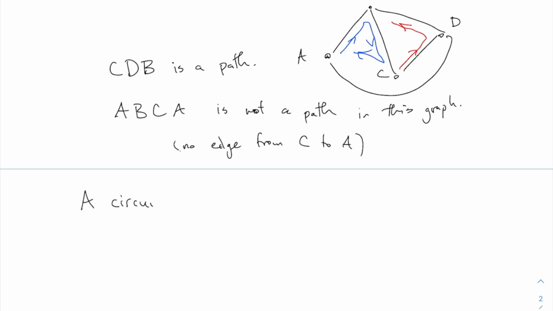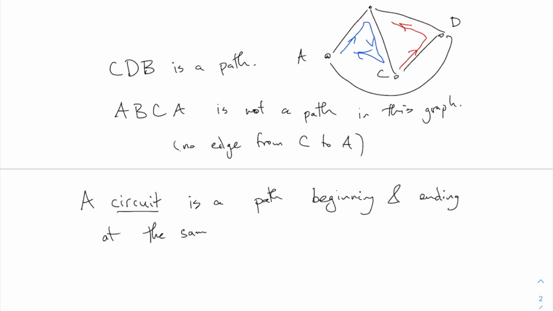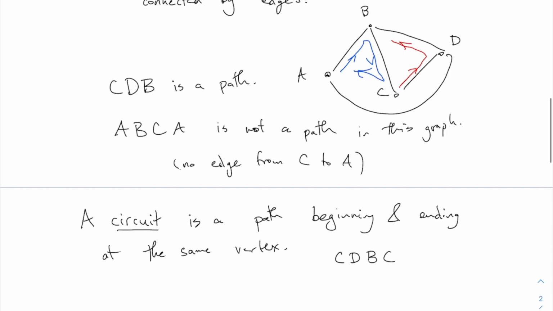A circuit is a path beginning and ending at the same point, or I should say at the same vertex. Like for instance, she just said C, D, B, C in that graph up there. This is a circuit. It's a path starting and ending at the same point.